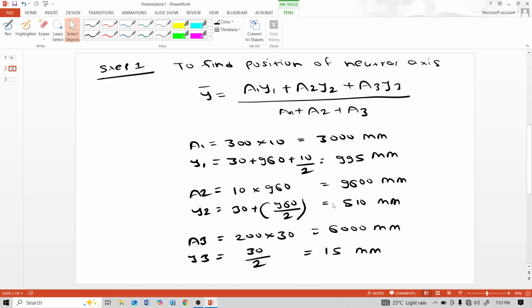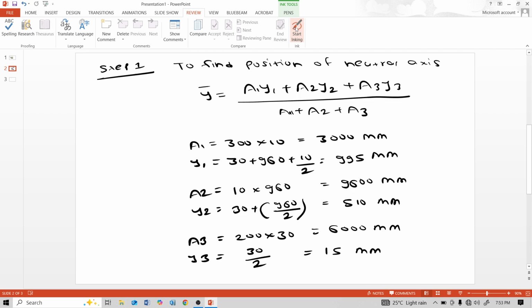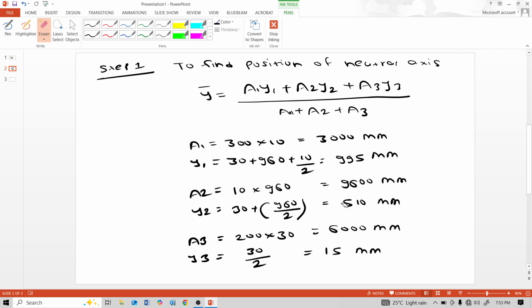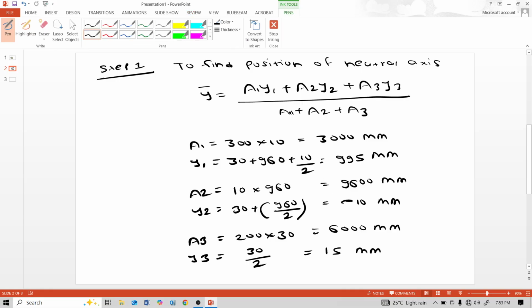Here y2 is 960 divided by 2 plus 30, that means this is 510, this is not 810.